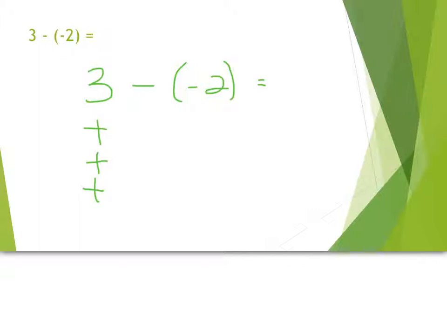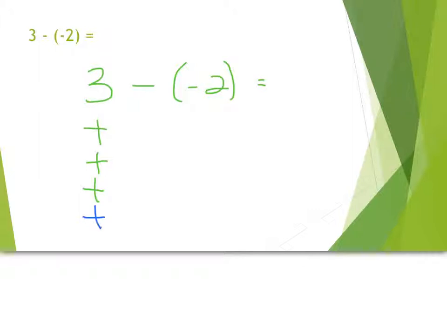What we can do is add some zero pairs to this number 3. By adding zero pairs, it doesn't change 3. We're just doing 3 plus 0 plus 0 plus 0. We can go on forever, because any number plus 0 is just that number. So let's go ahead and add some zero pairs here.